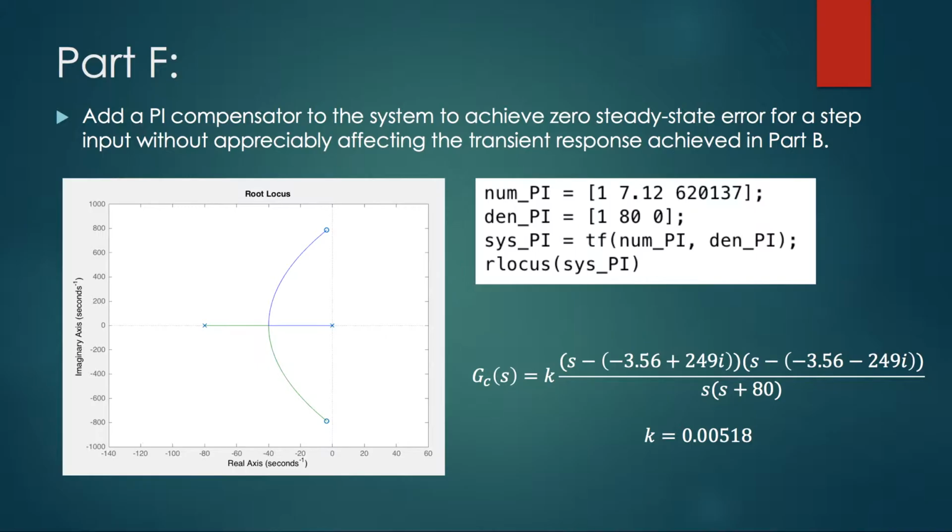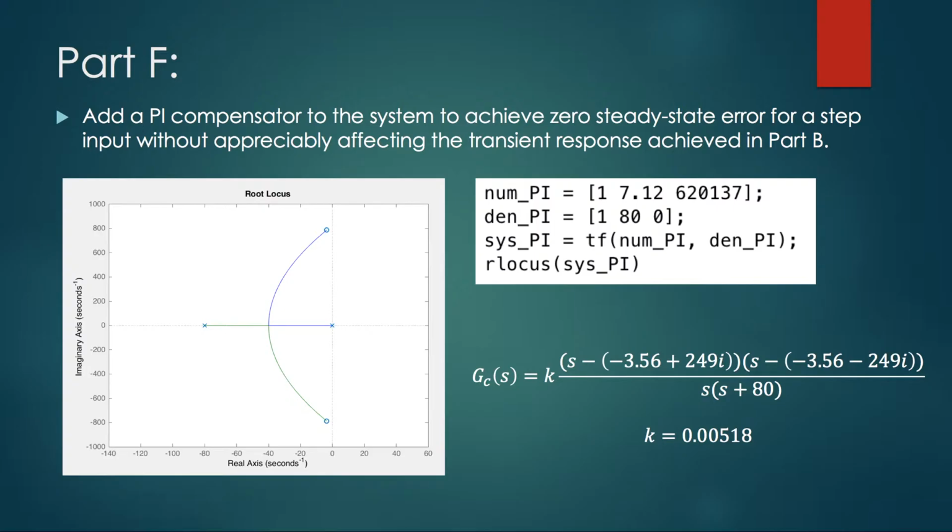For part F, we have to add a proportional integral compensator to the system to achieve zero steady state error for a step input without appreciably affecting the transient response achieved in part B. For a proportional integral compensator, add a zero at the rightmost pole that was added in the last compensator, so I added the zero at negative 30, which took out the s plus 30 in the denominator.